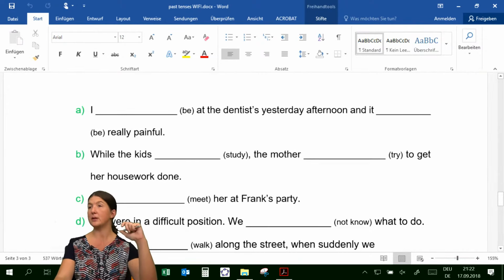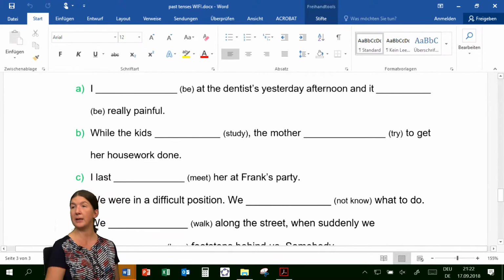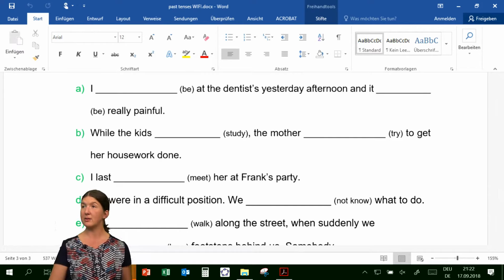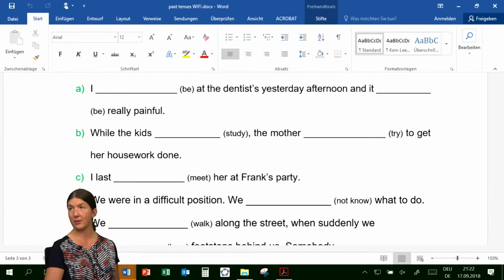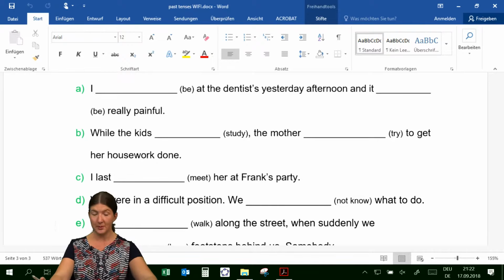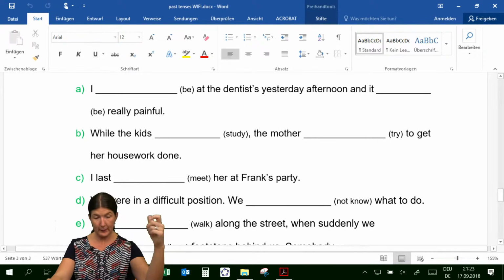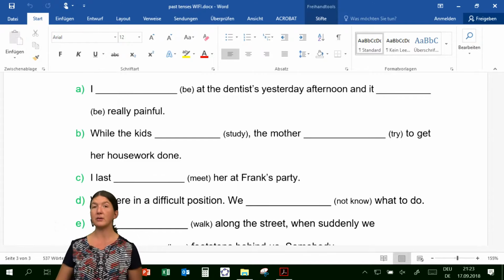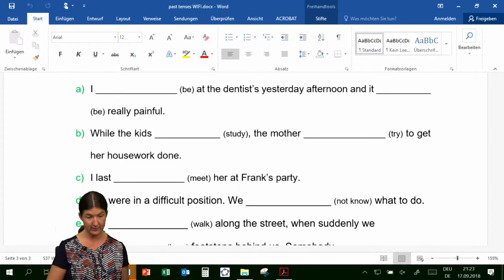If you have a look at sentence B, for example, contrary to what we get taught at university, I'm a big fan of gap fills, so I think that they are great. You might not be of my opinion, but we have a sentence that is introduced by while, which is a signalwort for past progressive in a lot of cases.